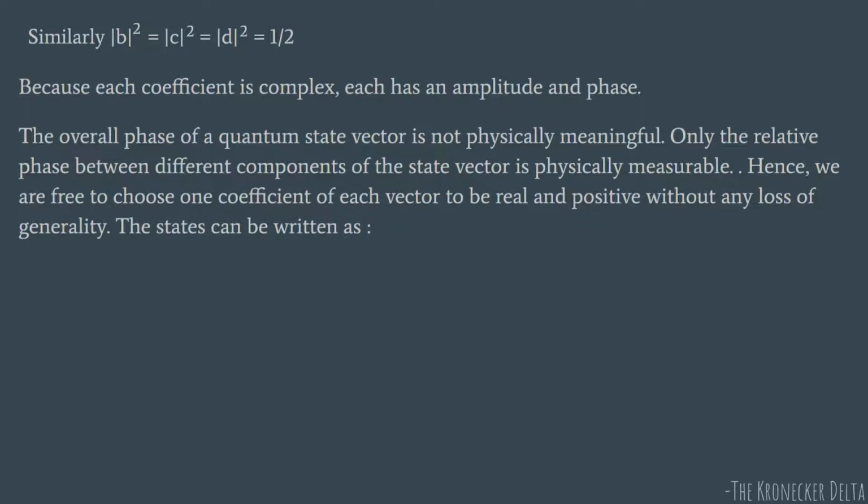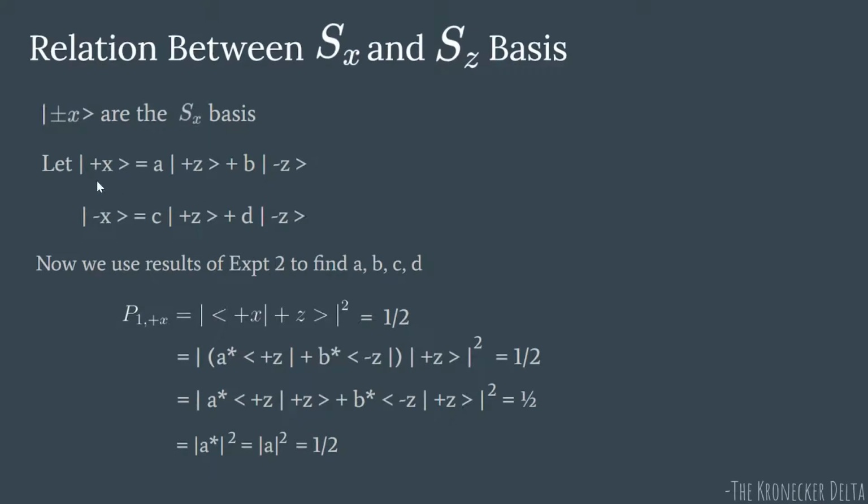The relative phase between the different components that represent the generic state is physically measurable. What I really mean here is, let's go back. I've written this plus x state as a combination of these two states. So this has an amplitude and some phase, amplitude and some phase, so e to the power some angle term, e to the power some angle term.